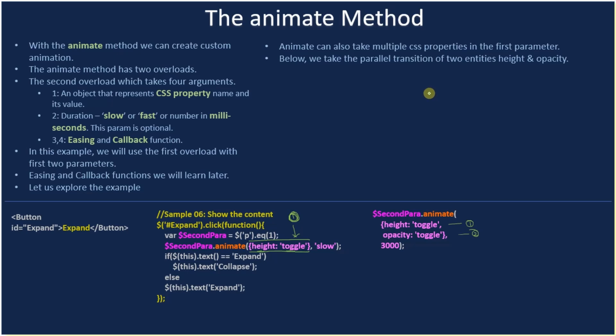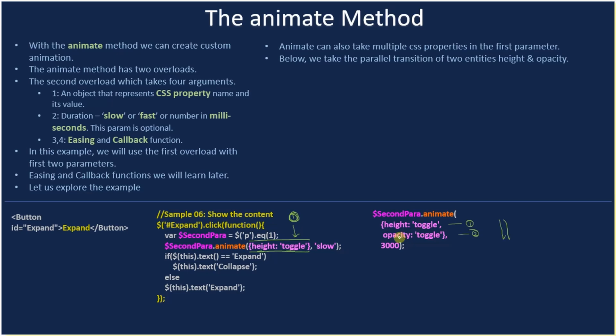Alright, now let's go ahead and do this animation. And if you see below, we take the parallel transition of two entities, height and opacity. We are talking about parallel transition. Why? Because the duration for this animation is 3 seconds, and both transitions take place within those 3 seconds. That means we are performing multiple effects in 3 seconds of time. The multiple effect is because of two property transitions taking place here.